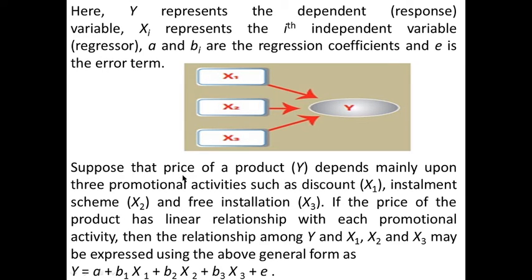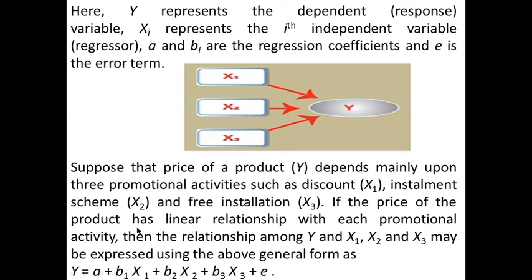Suppose that the price of the product, that means y, the dependent variable, depends mainly upon three promotional activities such as discount x1, installment scheme x2 and free installation x3.